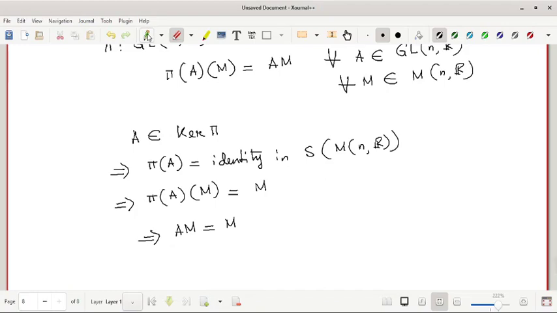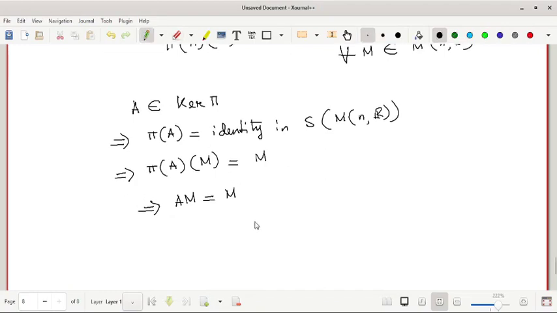Well, does this mean that A is the identity matrix? No. It would be the identity matrix if M were invertible, but M is not invertible. So you cannot say that only for the identity matrix this is true.